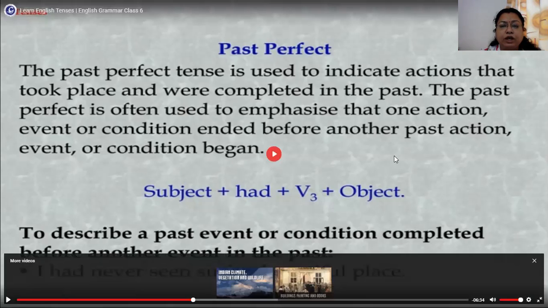Beta, you can make your own examples. I am just giving one to you. You can just follow the formula and the definition, and as per that definition and formula, you are free to make the examples.